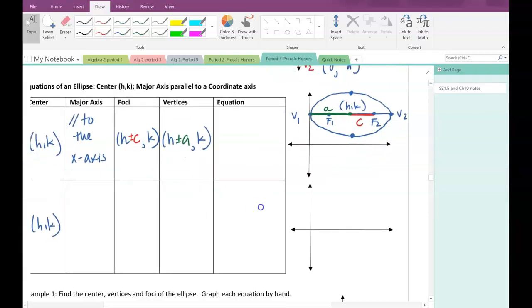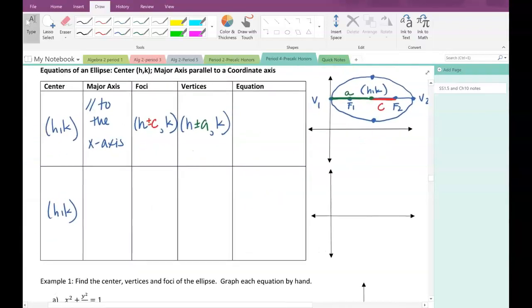Your standard form equation, because it is positioned horizontally, we're going to go, okay, the x variable will get the a squared. Oops, I'm writing too big. Let's squeeze that in to fit in the box. So x minus h quantity squared over a squared, plus y minus k quantity squared over b squared equals 1.